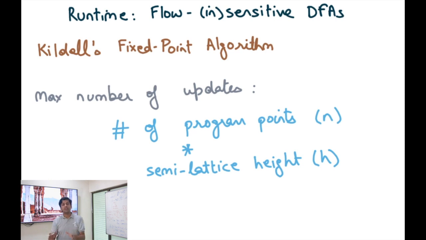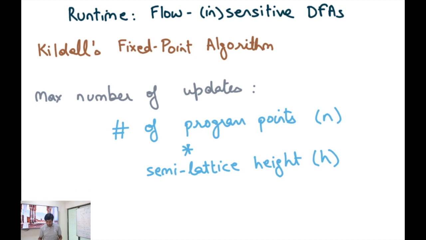Even if you convert to SSA and run a flow-insensitive DFA, the semilattice structure doesn't really change, so the height remains similar. And so the maximum number of updates is the same in both a flow-sensitive and a flow-insensitive DFA, given by n times h, where n is the number of program points and h is the semilattice height of the original program.